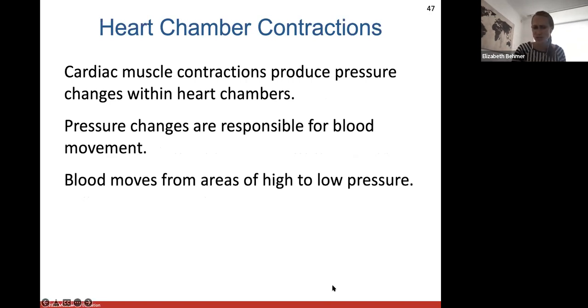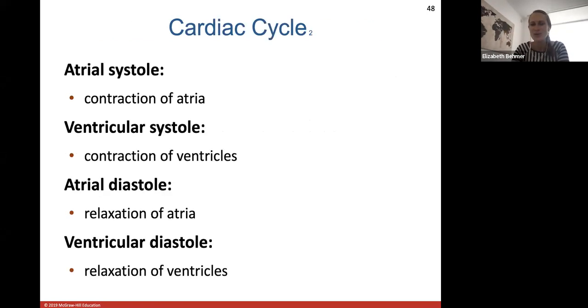And these pressure changes within those chambers are responsible for blood movement. Blood will always flow from an area of high pressure to low pressure. And that makes sense. Your blood will be building up pressure in the ventricles. And when the valves open and your ventricles contract, that blood will flow to an area where there's less blood pressure. So that is important with heart chamber contractions.